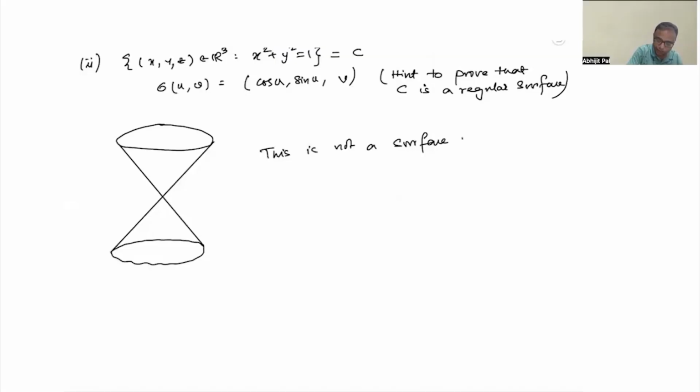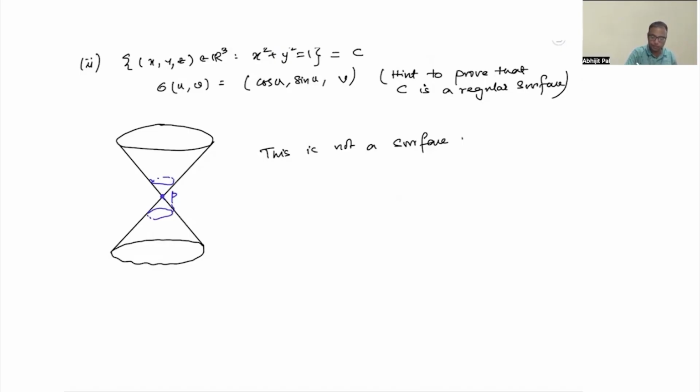Because if I take this point, if I take any neighborhood of this point, it will be something like this. So if I take any neighborhood of a point in a surface, it will be something like this.